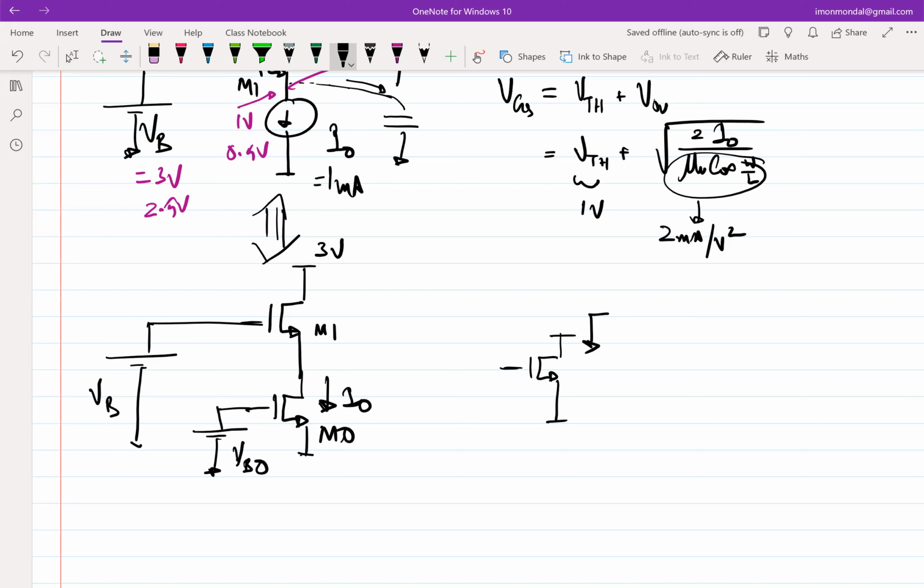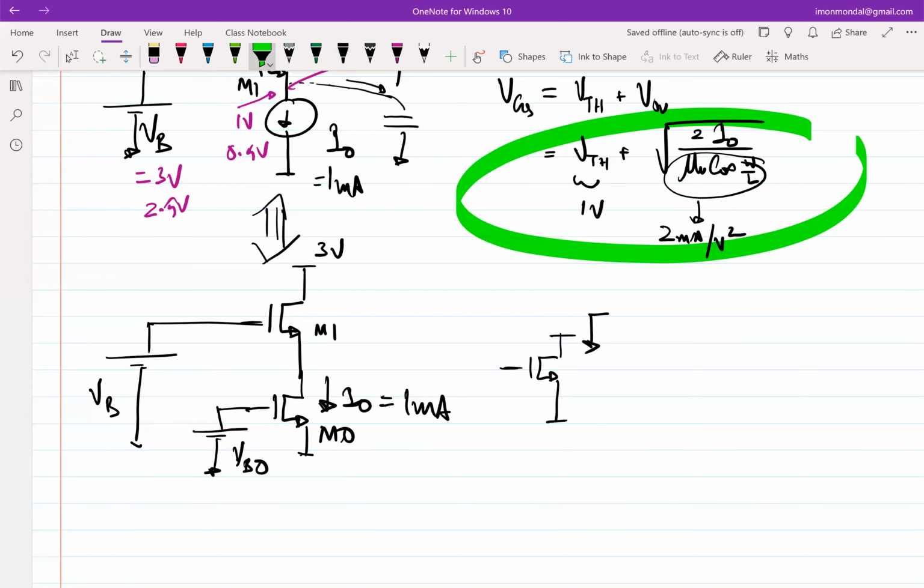Assuming M0 in saturation, I want I0 equal to 1 milliamp, what should be VB0? This is what we want. Use this equation. 2 volts, right? So VB0 has to be 2 volt.